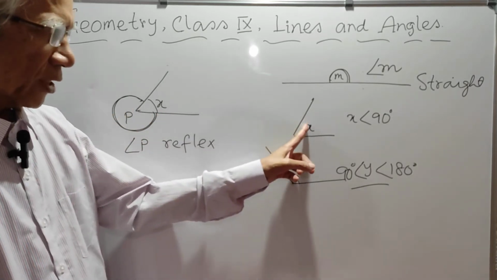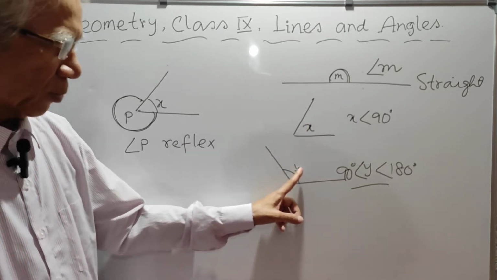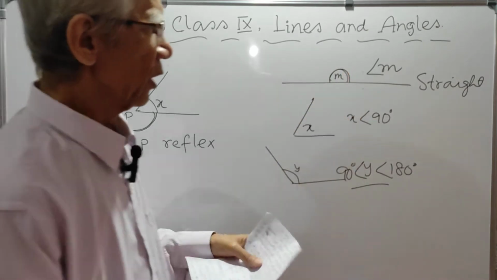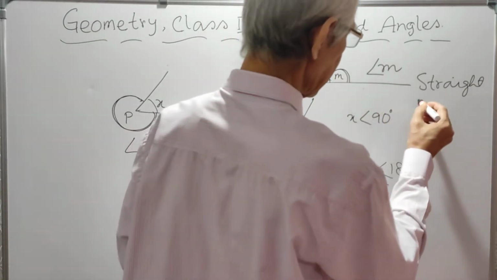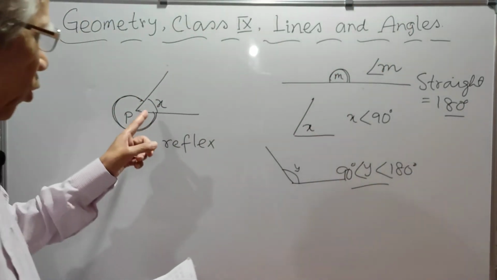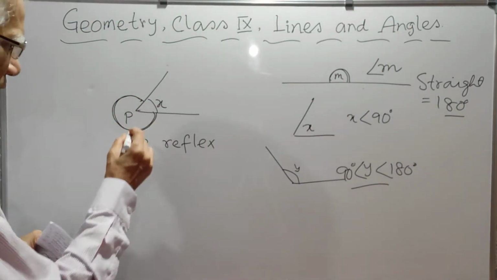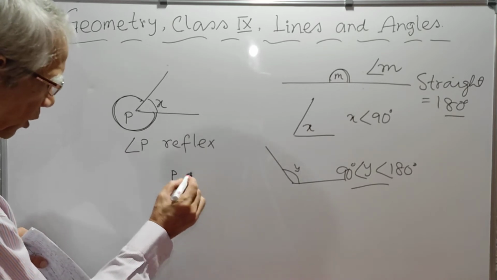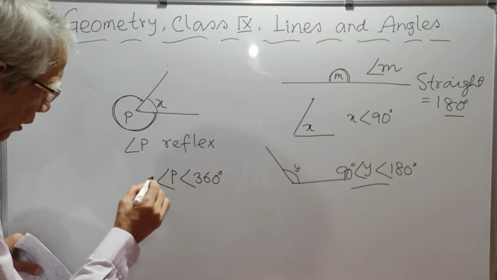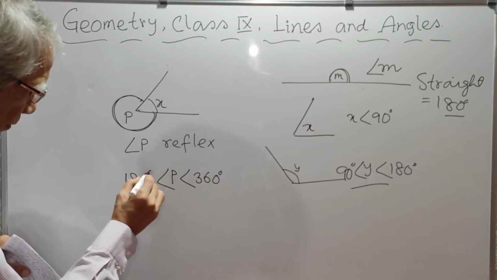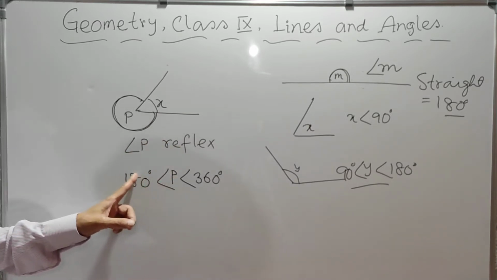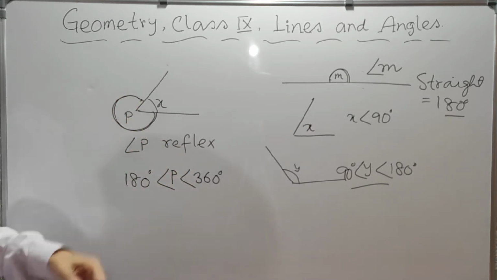So this is less than 90 degree. This is more than 90 degree, but less than 180 degree. This is equal to 180 degree. And this one is more than 180 degree, but less than 360 degree. So angle P is less than 360 degree and more than 180 degree. So reflex angle is one which is more than 180 degree, but less than 360 degree.